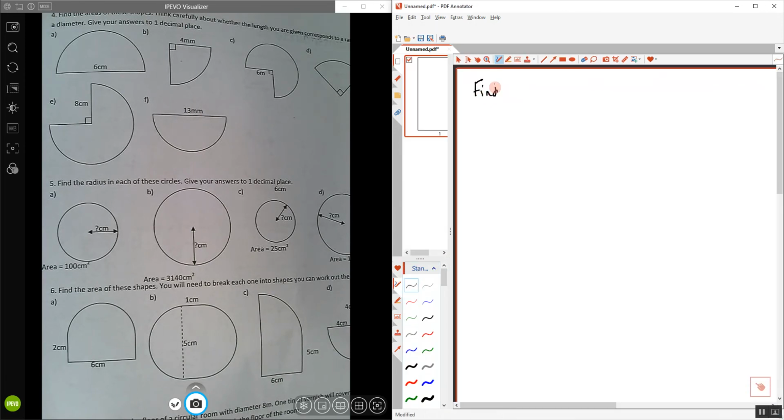And our title is Finding the Radius when we know the area. And today is the 18th.